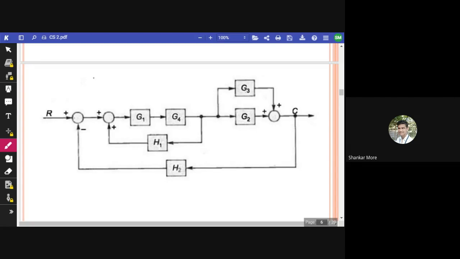I will check it. But that is not important. Even if you draw or don't draw, that is a different thing, but you have to find out forward paths and loops properly. So first of all, draw the SFG, take your time, and find forward paths and loops.